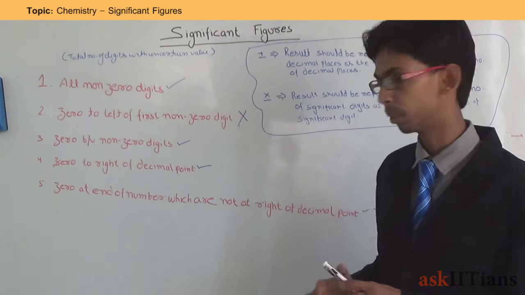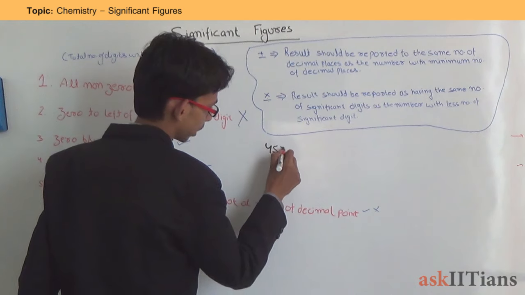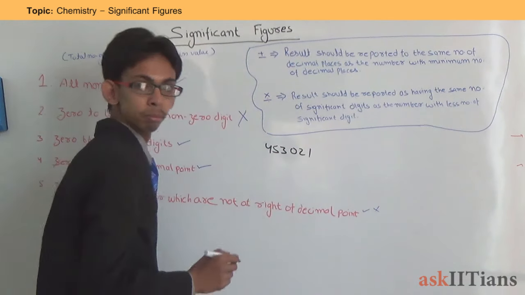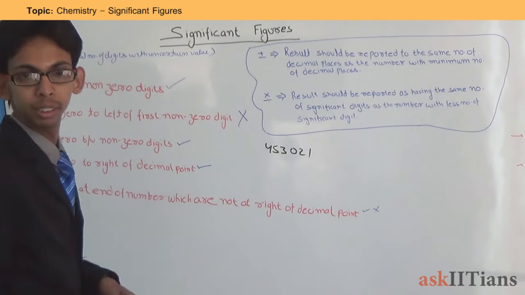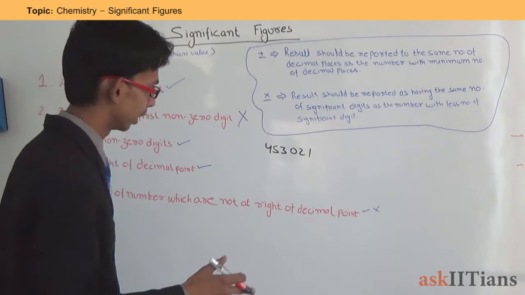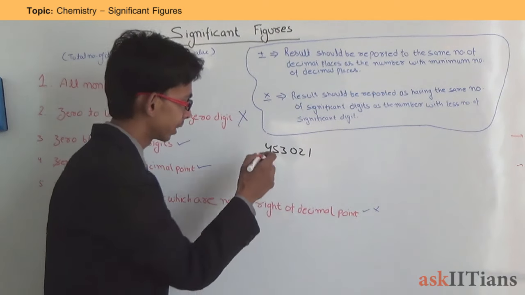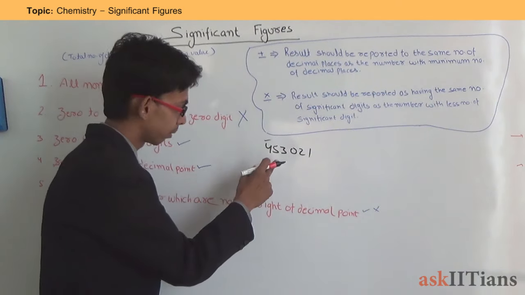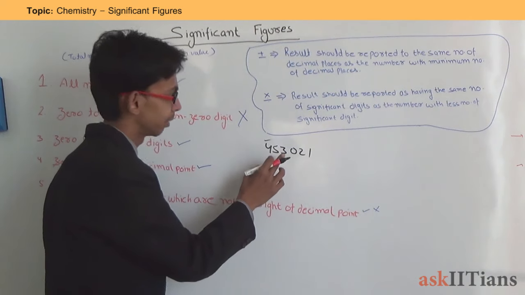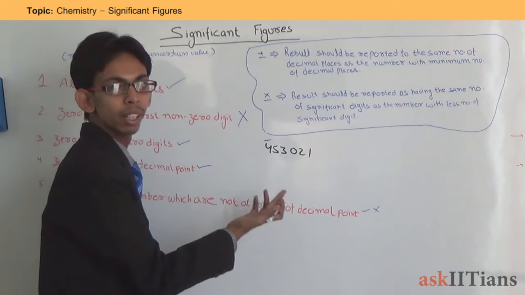For example, in a number 5, 4, 3, 0, 2, 1. Let's say this is a number. In any number like this or any other number, all non-zero digits are significant. That means 4 is a significant digit, 5 is a significant digit, 3 is a significant digit, 2 is a significant digit, and 1 is also a significant digit.